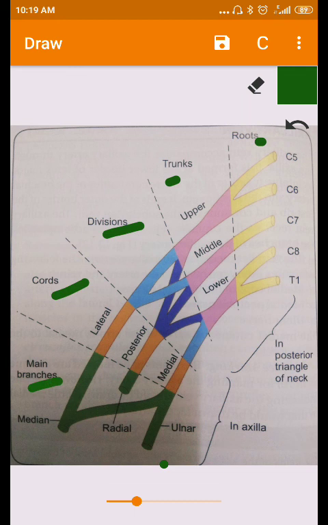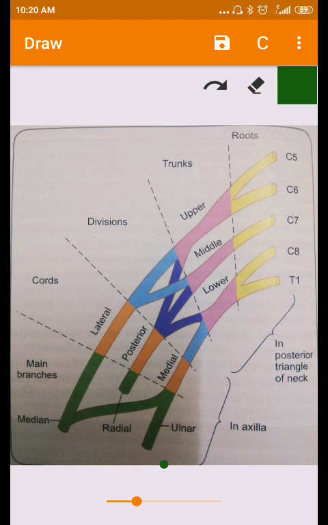So the plexus is divided into 5 stages: root stage, trunk stage, division stage, cord stage, and branch stage. Now we'll see the roots. All the ventral rami of spinal nerves, roots C5, C6, C7, C8, and T1, form the brachial plexus.